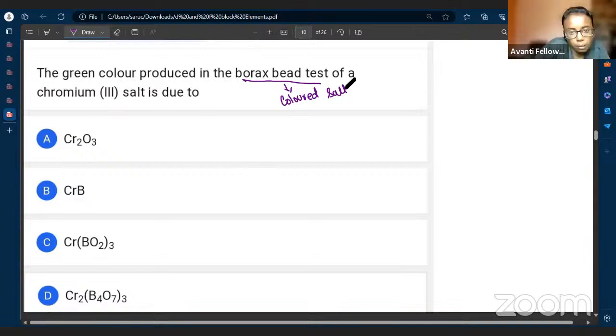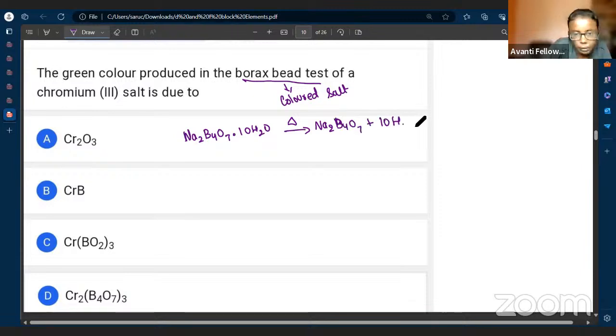Now, what is the general reaction of this borax bead test? We take borax, Na2B4O7.10H2O. When you heat this, 10 molecules of water get evaporated, so you get Na2B4O7.